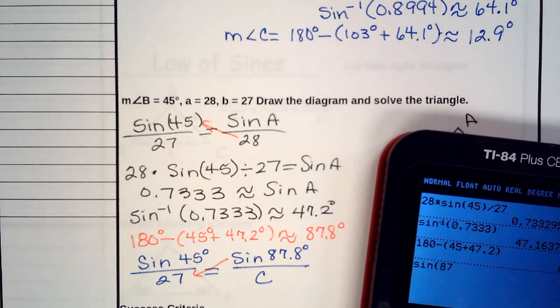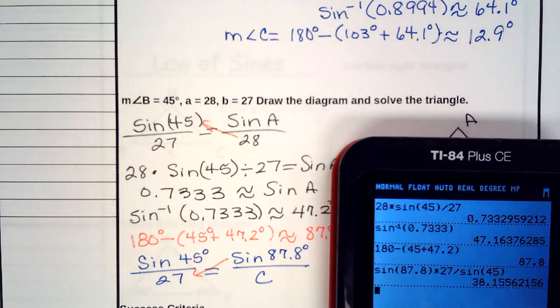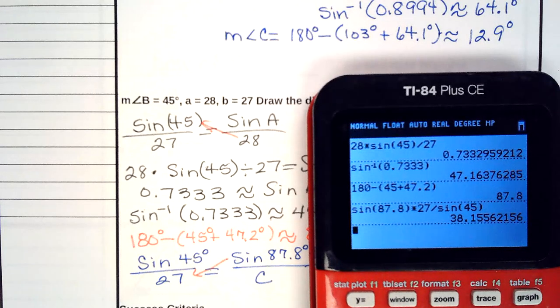Sine of 87.8 times 27 divided by the sine of 45. And you end up with 38.2.